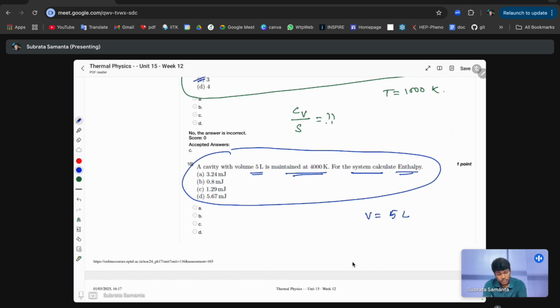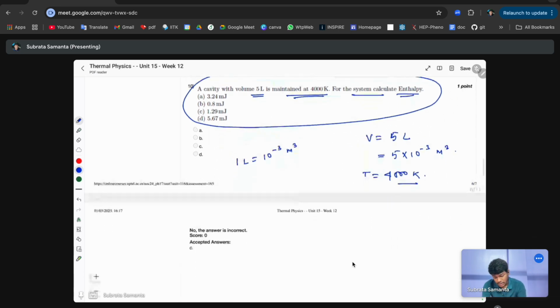First convert it to meter cube, because I use SI units. 1 liter is equal to 10 to the power minus 3 meter cube, so 5 liter is 5 times 10 to the power minus 3 meter cube, and your temperature T is 4000 Kelvin. Calculate the enthalpy.